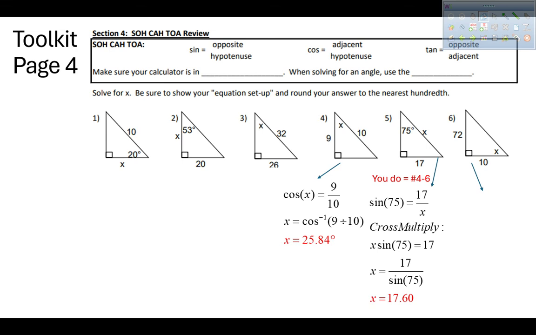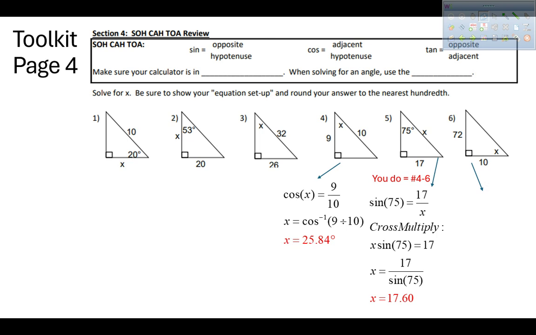Then I cross multiplied that, but x still wasn't alone. So when I cross multiply that, I do the x times the sine 75, and then 17 times 1. But the x still isn't alone. I have to divide the sine out. So what I was typing in my calculator was 17 divided by the sine of 75. And I got 17.6. We okay with that one?